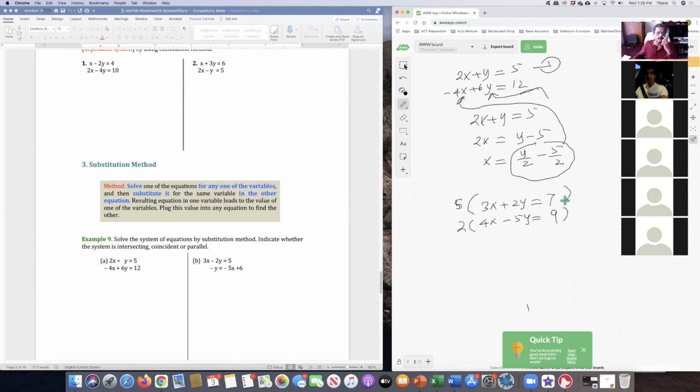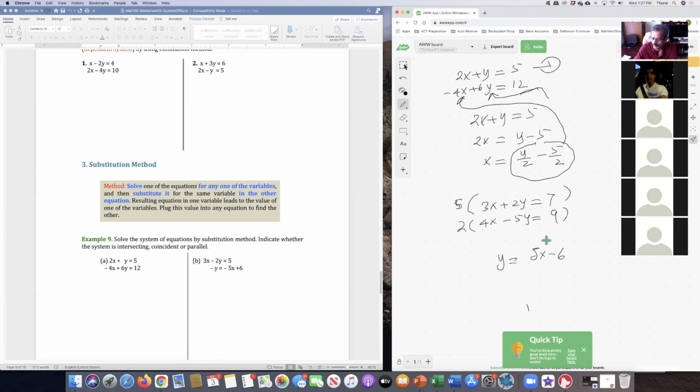So when is the substitution method convenient? When it is very easy to solve for one variable. Look at problem 9b. The second equation is minus y equal to minus 5x plus 6. All I have to do to solve for y is multiply both sides by negative. Then y equals 5x minus 6.